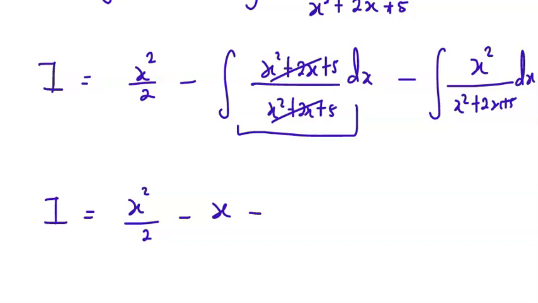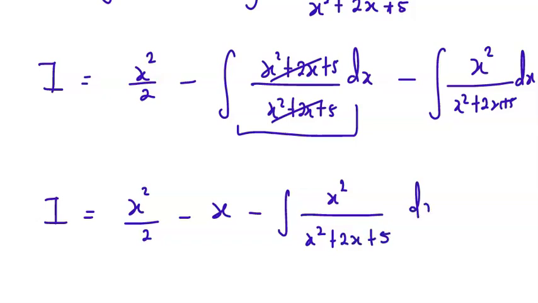So here we have minus, and from here we have minus again, then the integral of x squared divided by (x squared plus 2x plus 5). So here we have our dx.